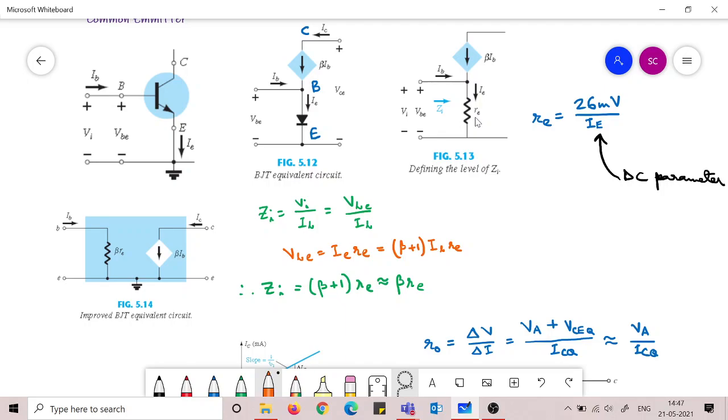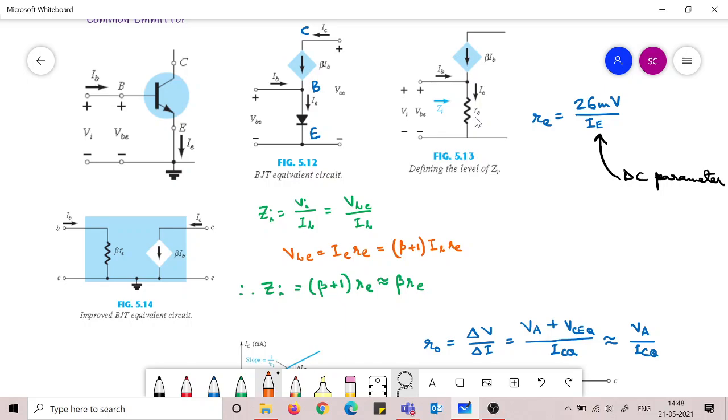Why? This is also very easy to note. Here again I have shown that V_BE is nothing but I_E r_e. So I_E is nothing but (beta plus 1) times I_B. So if you have V_BE by I_B, you will get (beta plus 1) r_e. So it seems that Z_i is nothing but r_e reflected to the input side and scaled up by beta plus 1.